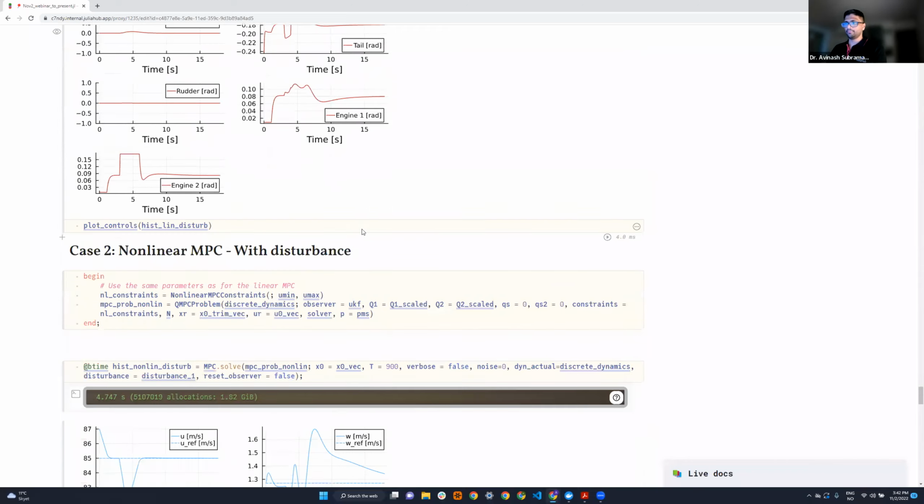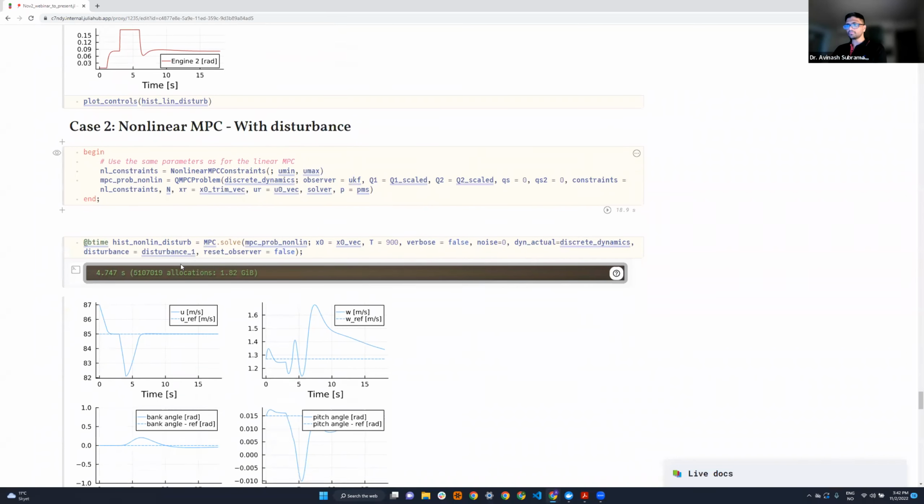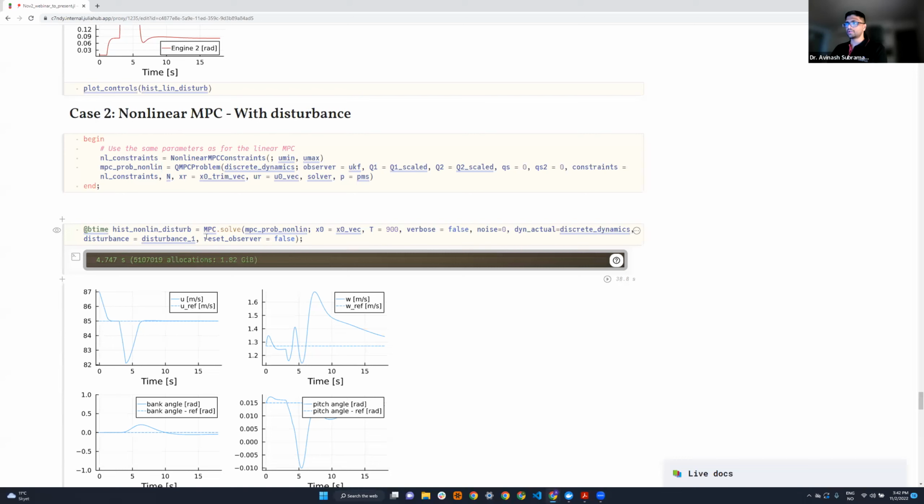So here, we can formulate arbitrary nonlinear constraints using this nonlinear MPC constraints constructor, formulate the Q MPC problem, pass in the discrete dynamics, and this is the discretized nonlinear observer, and so on. Then once again we can make a call to solve.